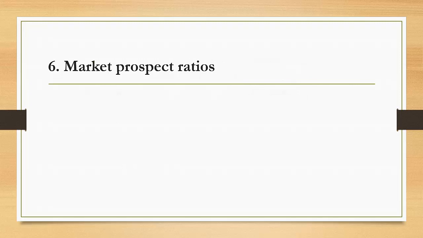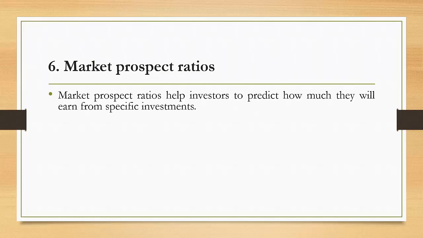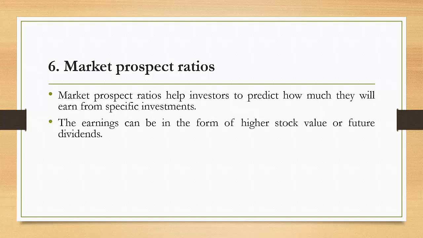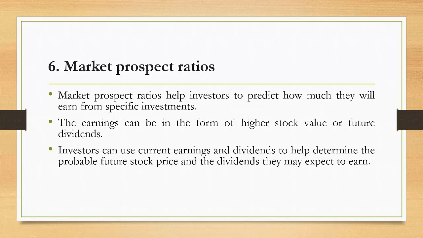When we talk about market prospect ratios, they help investors to predict how much they will earn from specific investments. The earnings can be in the form of higher stock value or future dividends. Investors can use current earnings and dividends to help determine the probable future stock price and the dividends they may expect to earn.